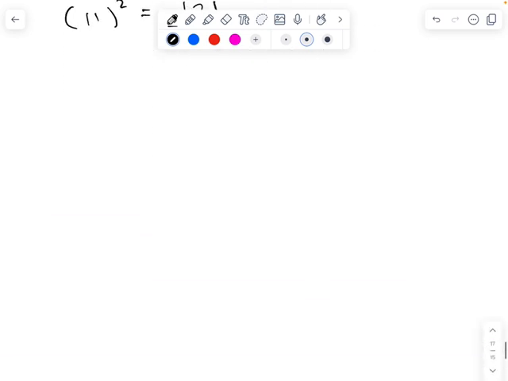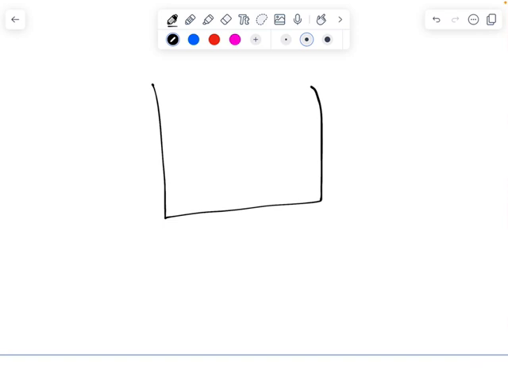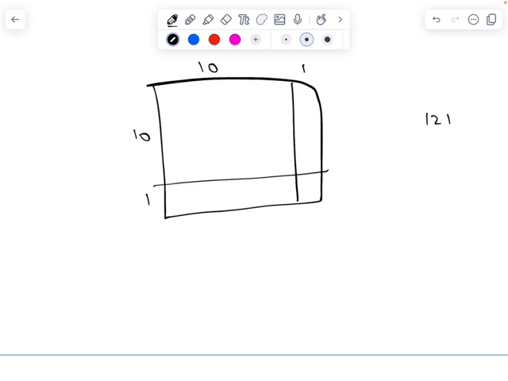Let's say we wanted to draw a box that is 11 by 11. Instead of writing 11 by 11, we're going to draw this a little differently, and say it is 10 and 1 and 10 and 1. It's still 11 by 11. We know the area is still going to be 121, but now I've just broken it up differently. So this region is going to be our 10 squared. This region is our 1 squared.